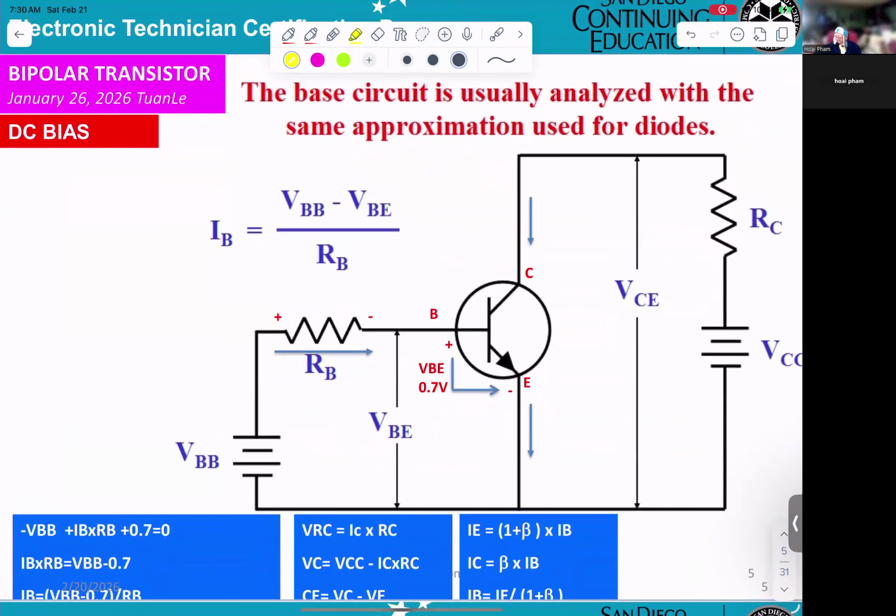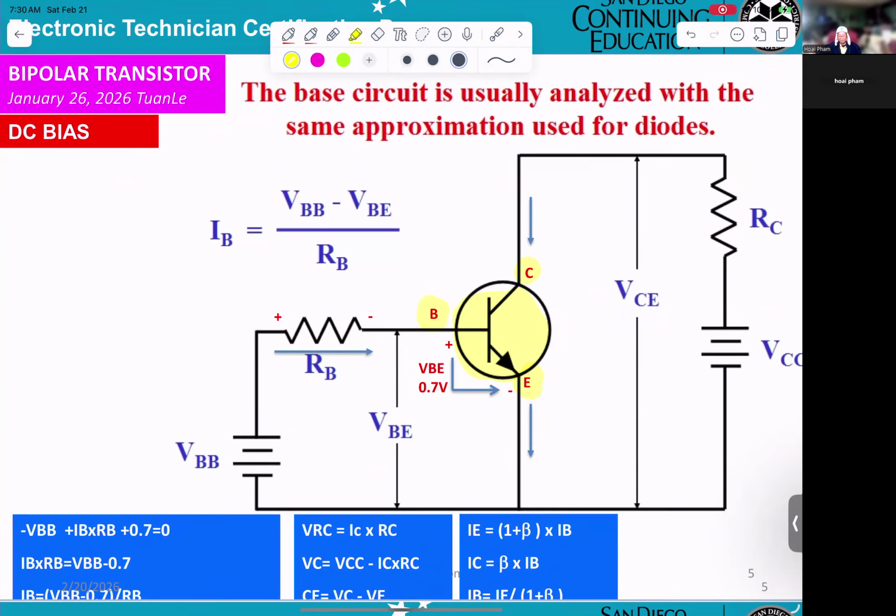Okay, now the circuitry again. NPN. This is the base, collector, emitter. Remember, from the base to the emitter, VBE for silicon diode, the voltage will be 0.7 volt.